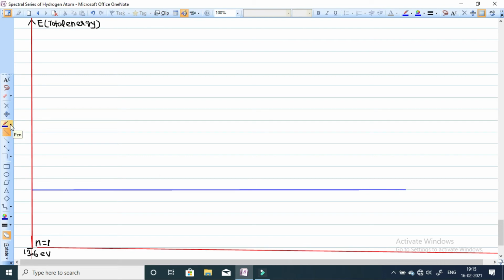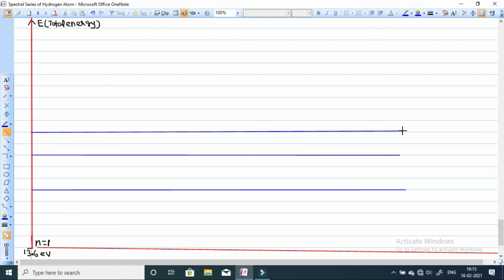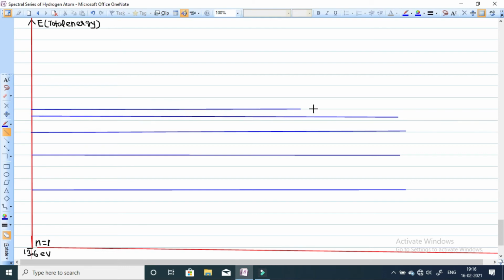Then we need to choose n is equal to 3, then n is equal to 4, n is equal to 5, and n is equal to 6.